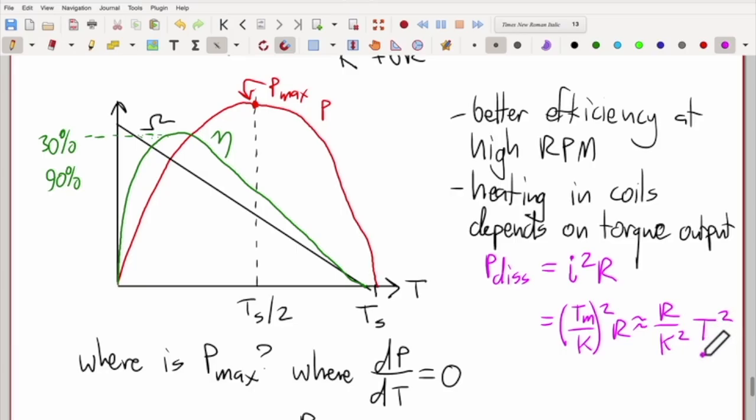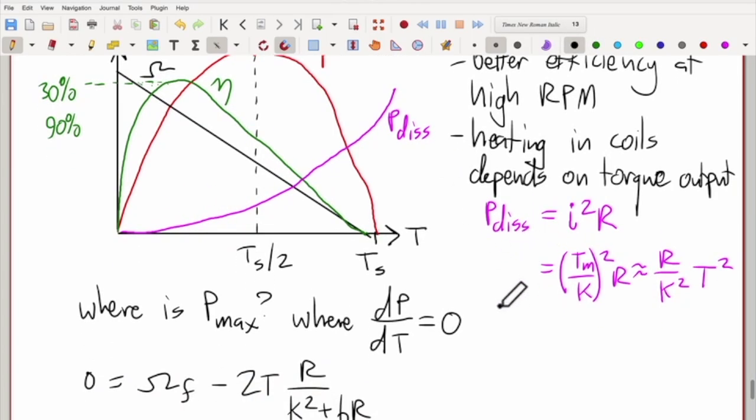So that means we can draw it on the same plot here. And it depends quadratically on torque, so what that looks like is something like this. It gets worse and worse as you get higher and higher here. So this is P dis, this dissipation here, which is the primary source of loss.